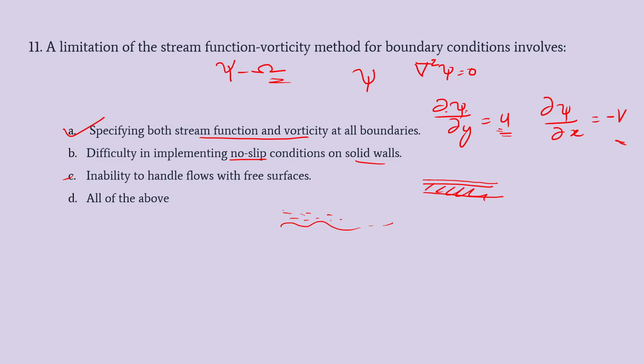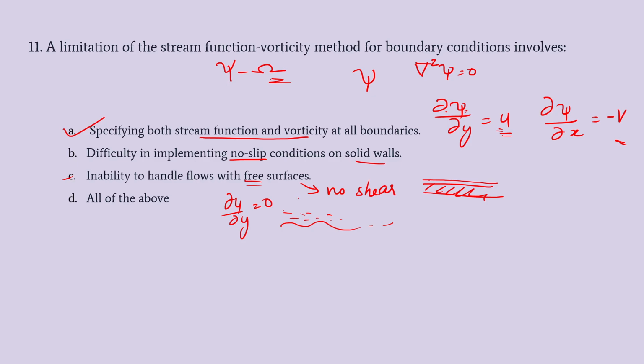Such surfaces are called free surfaces. In free surface, like no slip condition, we will take no shear or zero shear condition, that is dou u by dou y will be zero. So free surfaces are designed with no shear.